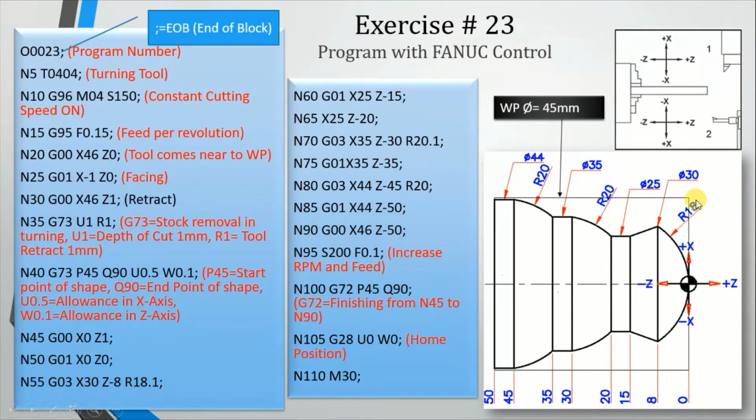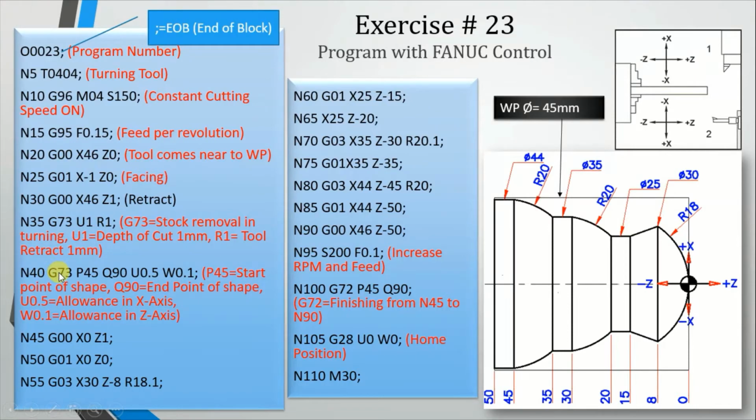So when the tool starts cutting, it will take a 1 millimeter cut and retract 1, again go back, again take a 1 millimeter cut. We can take here 1 millimeter, 2 millimeter, 1.5, 2.5 depending on the material. No problem, we can also change the retract, we can take half millimeter, it is enough. Also 1 millimeter is enough.